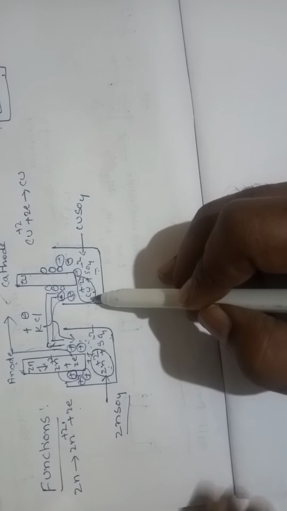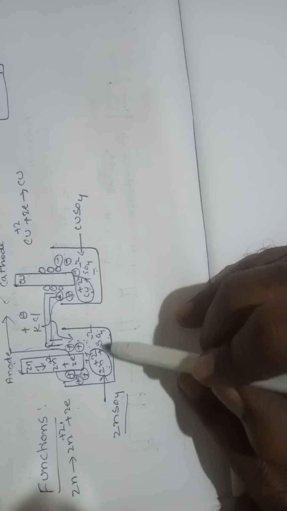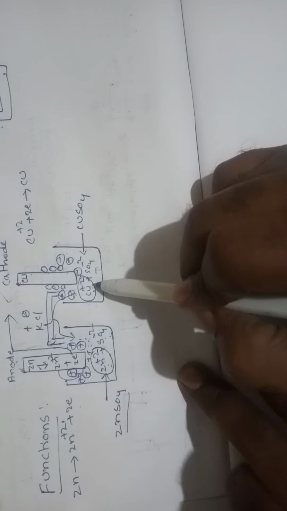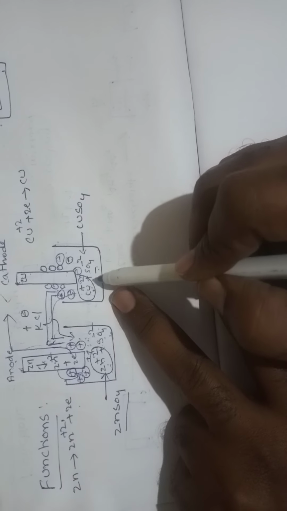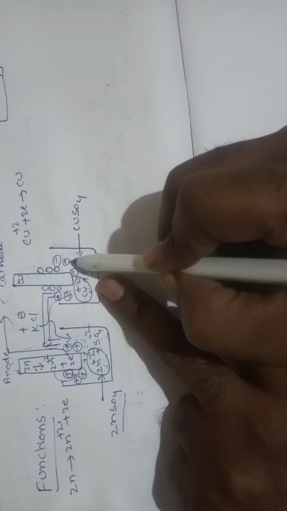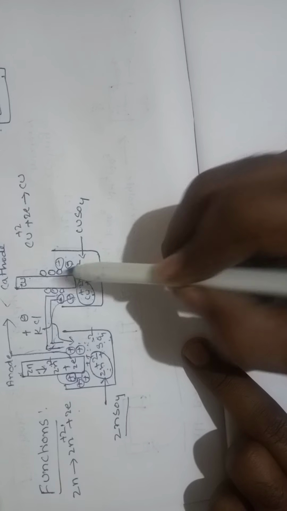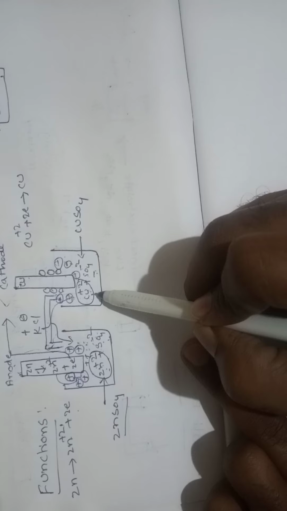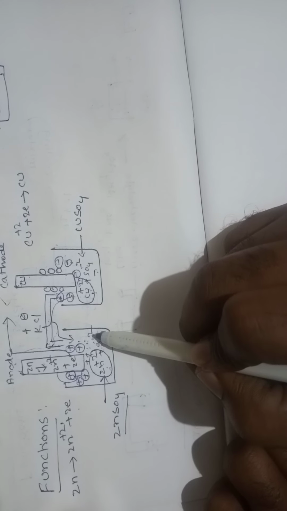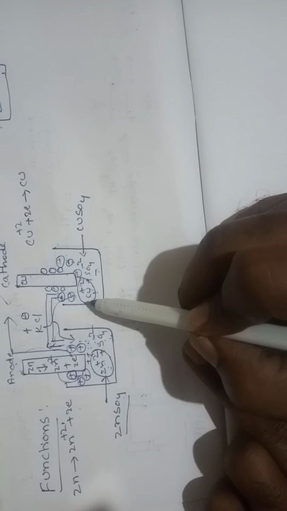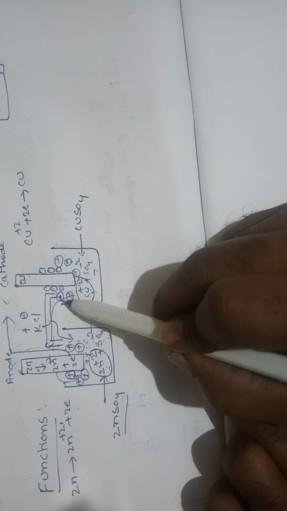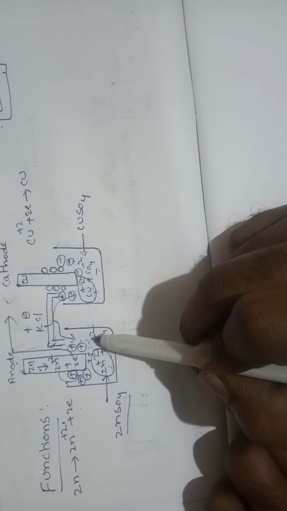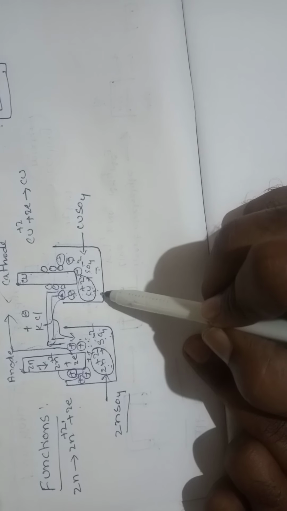Due to zinc sulfate, positive charges develop here, and due to sulfate ions, negative charges are developed here. Without a salt bridge this liquid-liquid junction develops, but after inserting the salt bridge this junction is no longer there, so it prevents the development of liquid-liquid junction potential.